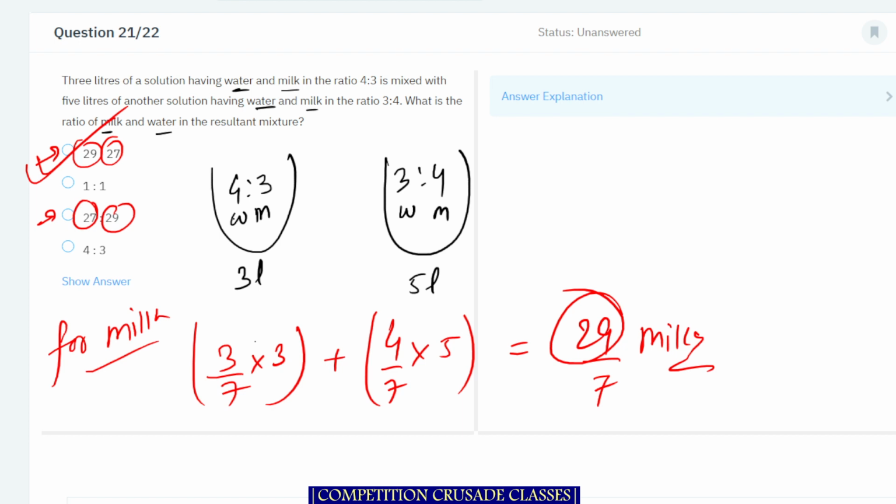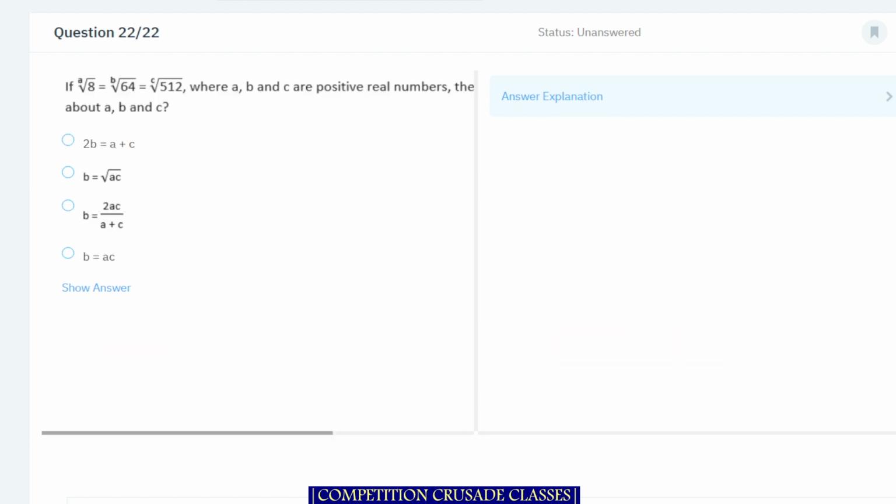Okay, all right, let's go to the last one. Let's see. It's algebra, I can do it. An expression is given: 8th root of 8, bth root of 64 and this.